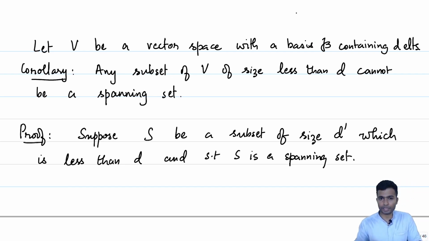So, we are saying that if you take any set which has size less than D, it cannot be a spanning set, right? So, let us assume that there is one such set S which has size D prime, where D prime is less than D, and S is a spanning set.